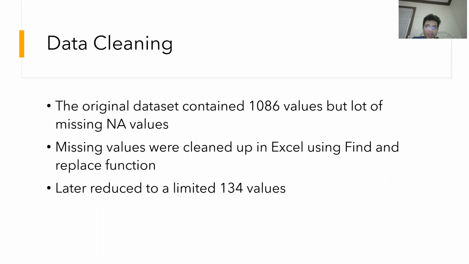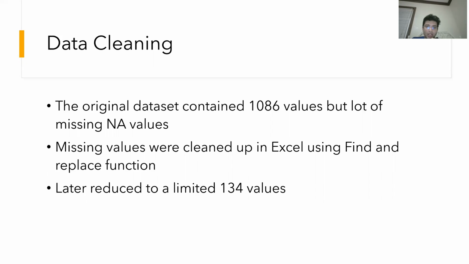Once the dataset was downloaded, it contained a total of 1086 values, but also a lot of missing NA values. Since the NA values don't contain any information and are of no use when analyzing the dataset, they needed to be cleaned up.